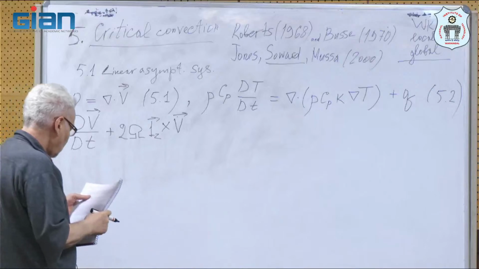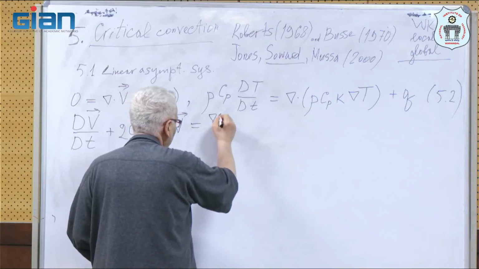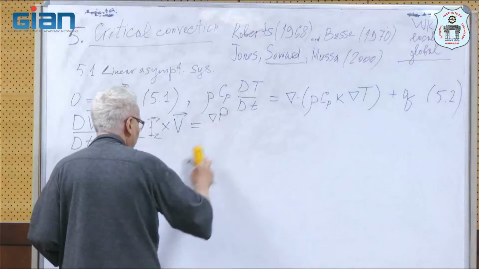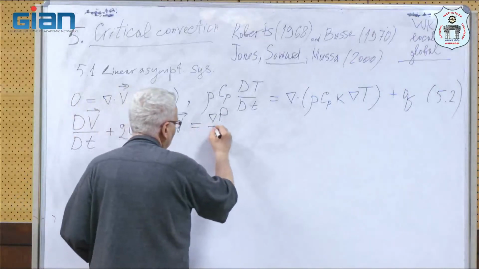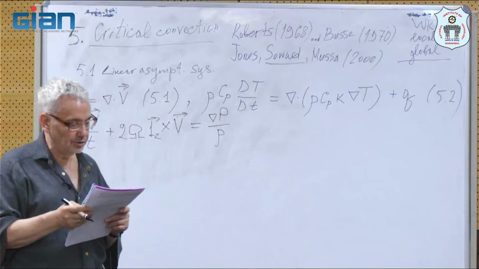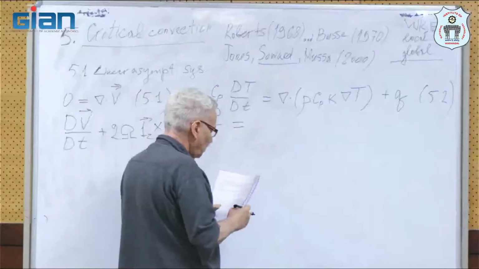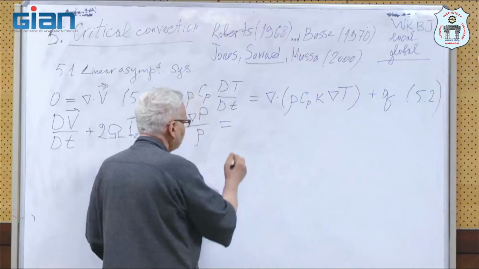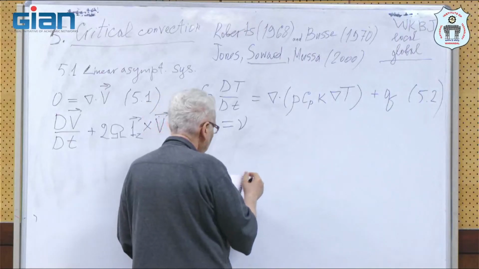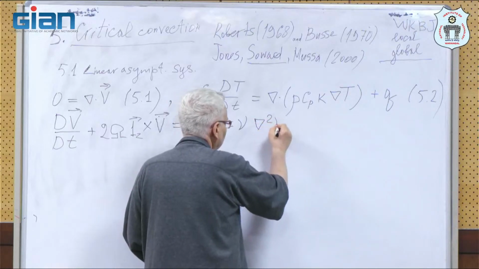And then there is a term like grad P, capital P. It's important to note that it's capital P over rho. Rho we regard as a constant. This is the density. We also neglect all the components of velocity which are not working in this approximation. We leave only the Laplacian one. This is kinematic viscosity nu, and there is the Laplacian of V.